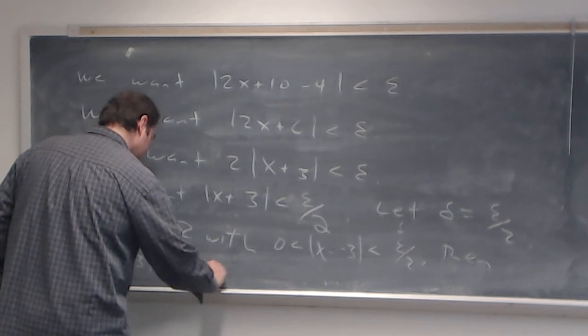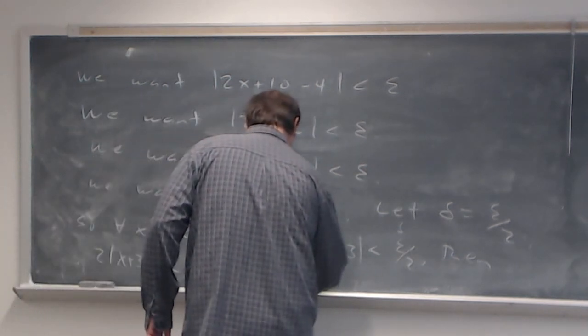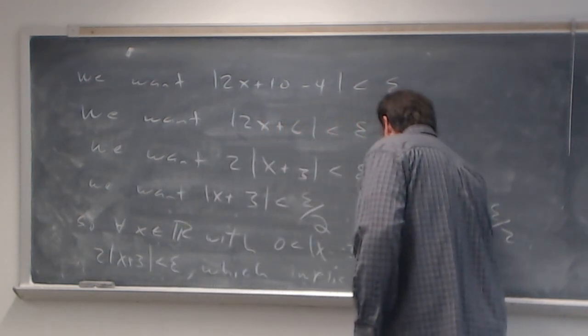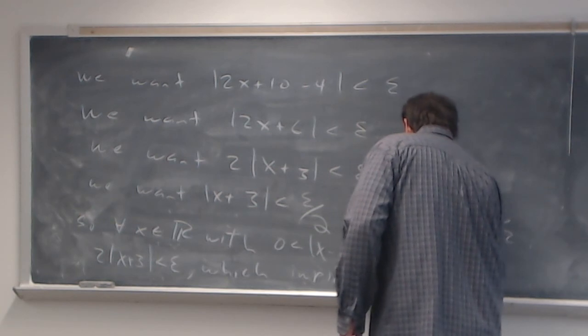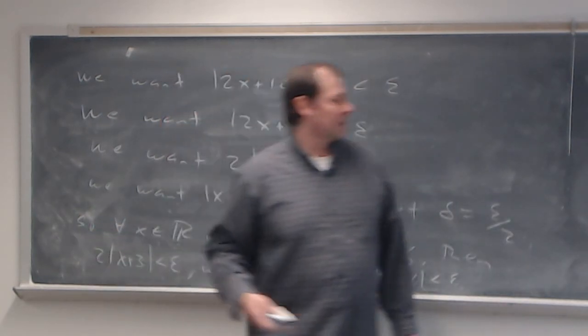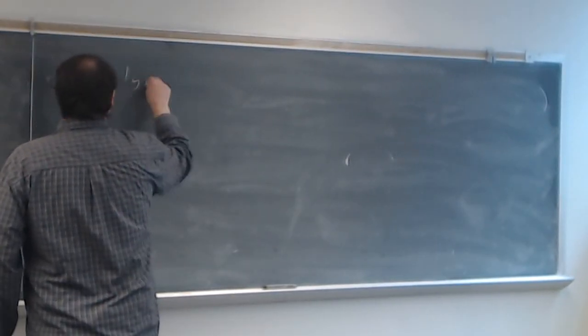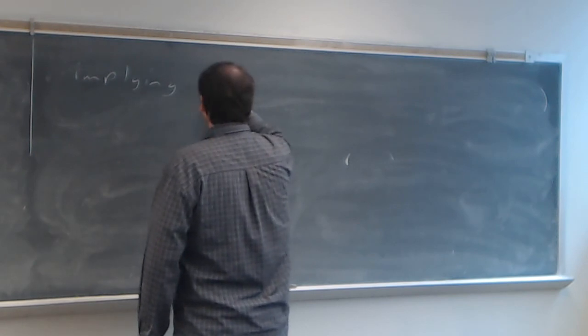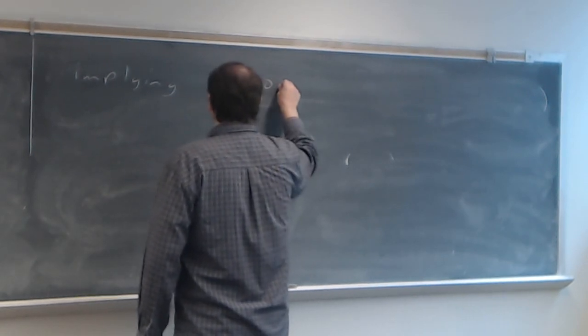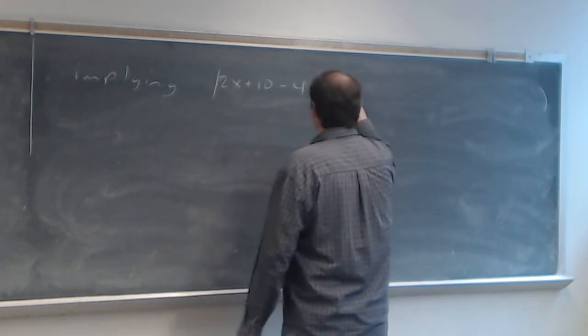which implies that the absolute value of 2x plus 6 is less than epsilon, implying that, well, I can rewrite this as 2x plus 10 minus 4, that's what 2x plus 6 is, will be less than epsilon.